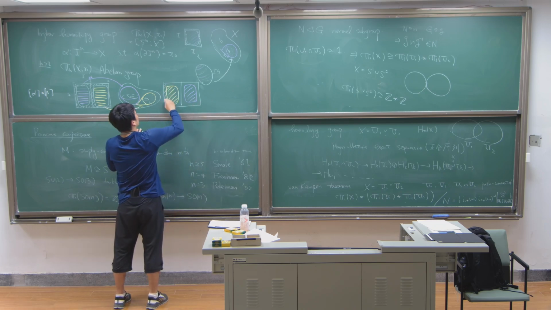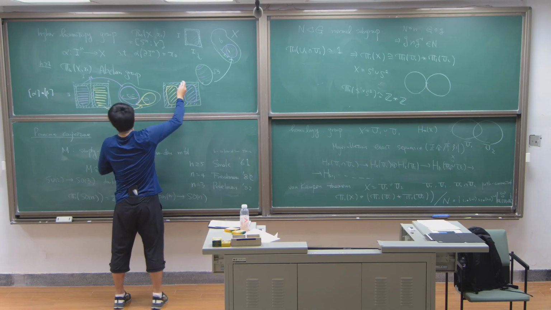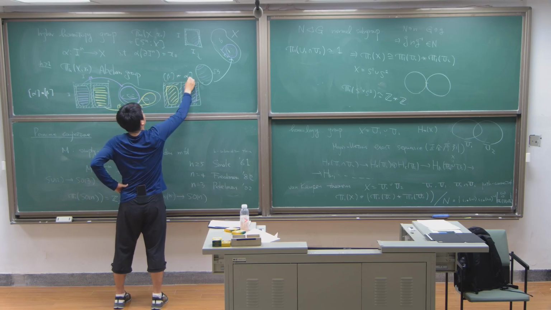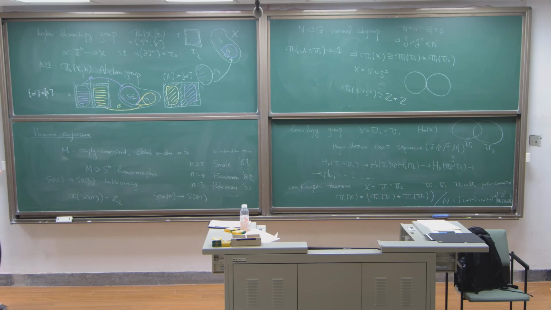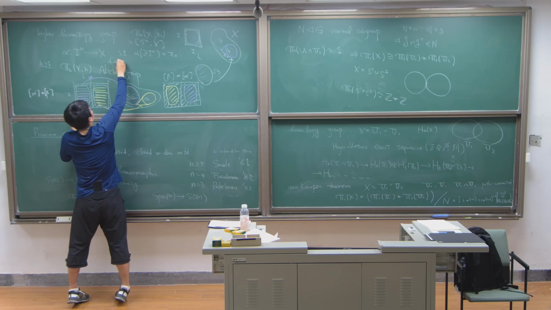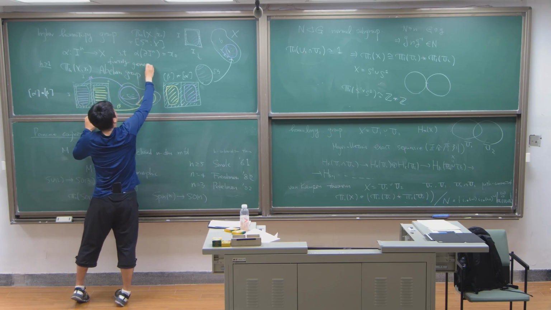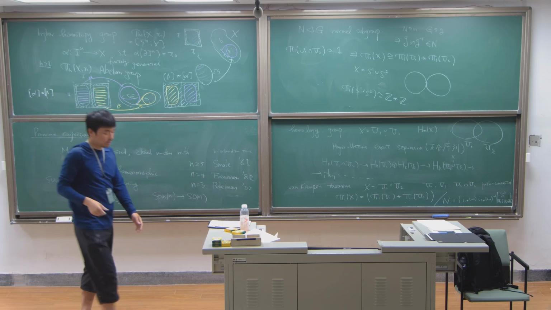And this is beta times alpha. Therefore it's abelian. Moreover, it's finitely generated abelian. You can show this.